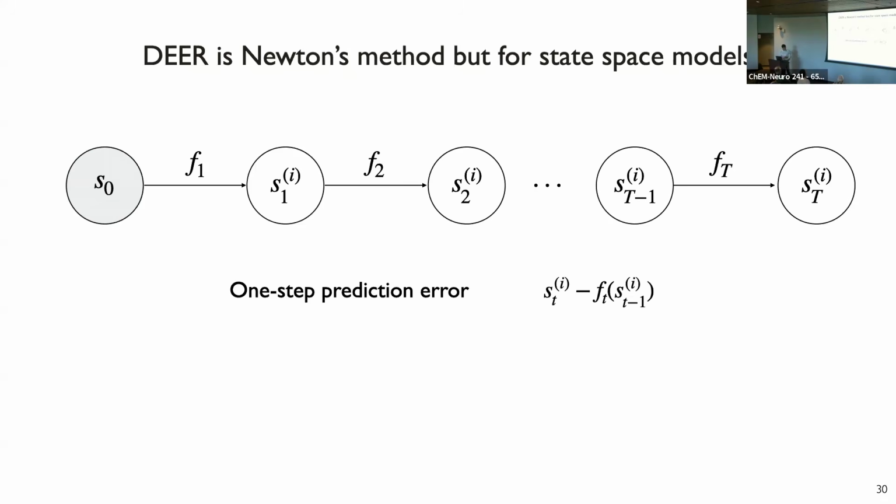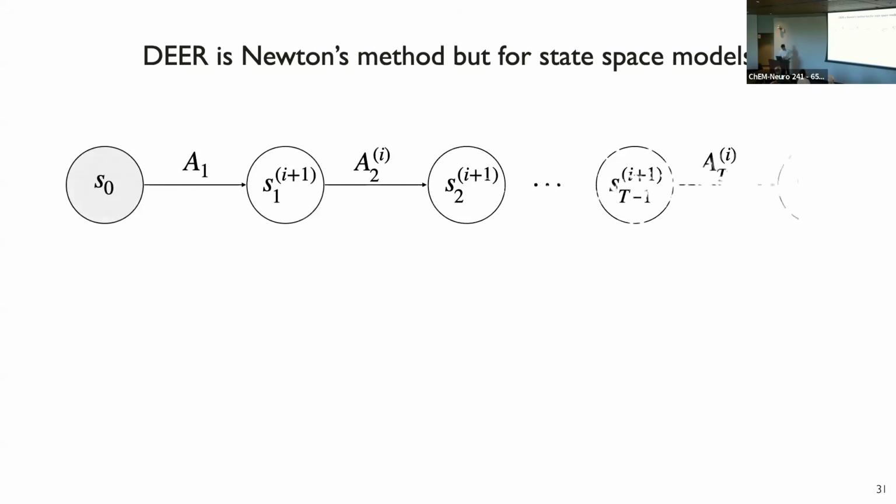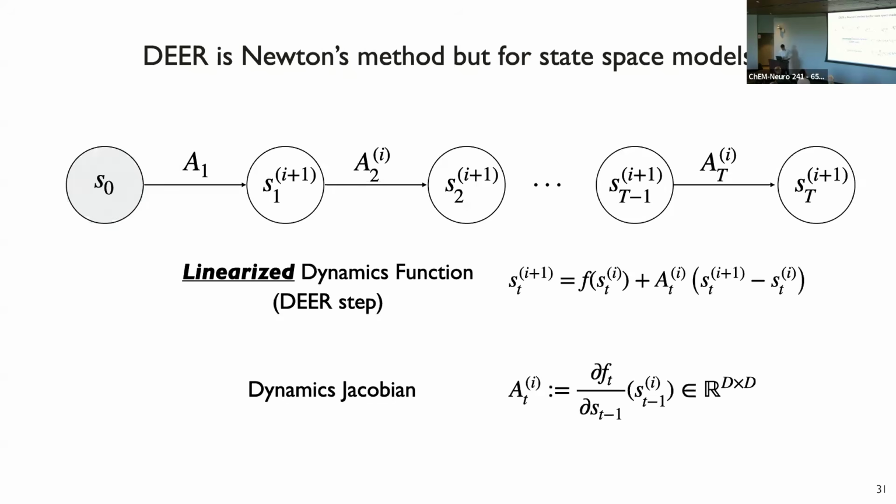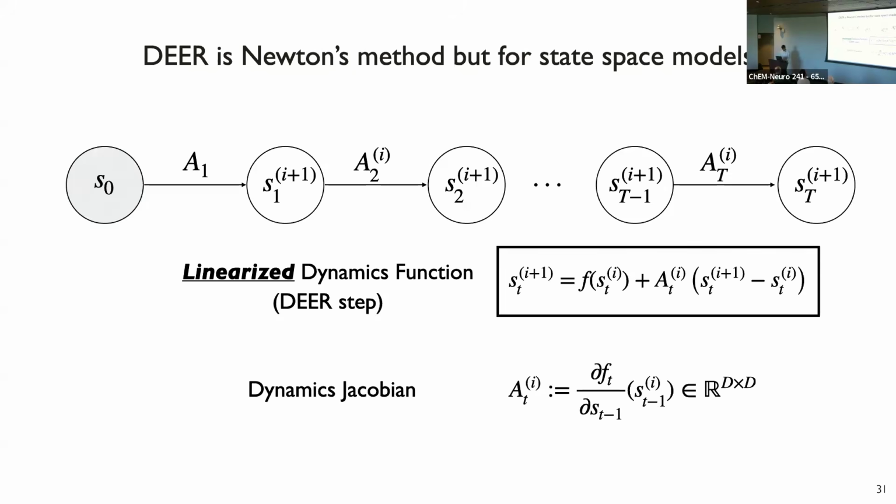Then we take that nonlinear function and we linearize it. We take the derivatives. The idea is that each DEER step uses this linearized dynamics function, which is just the first-order Taylor expansion. That's the DEER step. Each step of DEER takes what used to be a nonlinear state space model and turns it into a linear state space model.